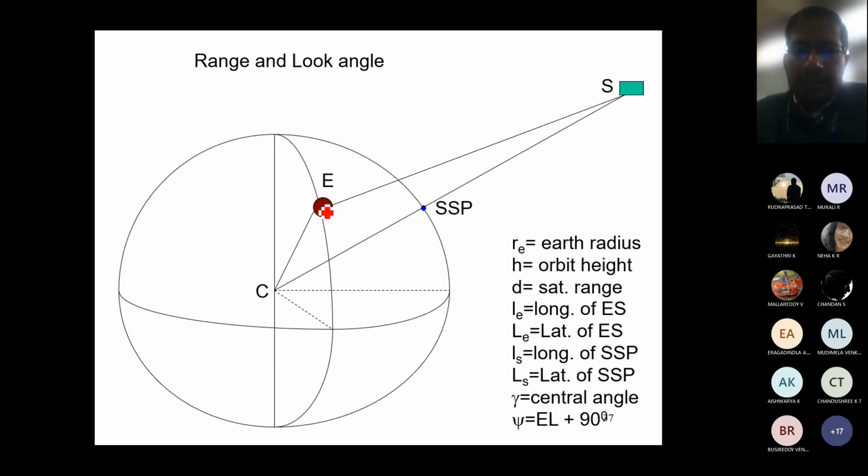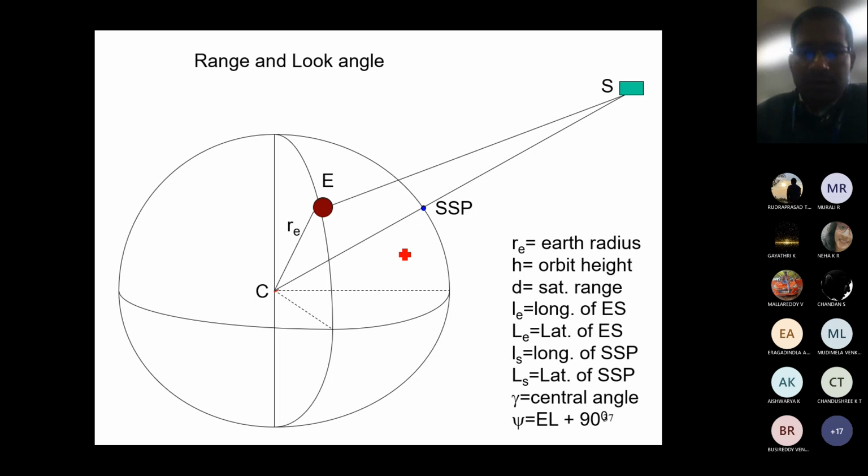Okay, E represents your ground station. And C represents the center of the Earth. So the line joining the satellite to the center of the Earth intersects a point on the surface of the Earth. That is called the sub-satellite point.